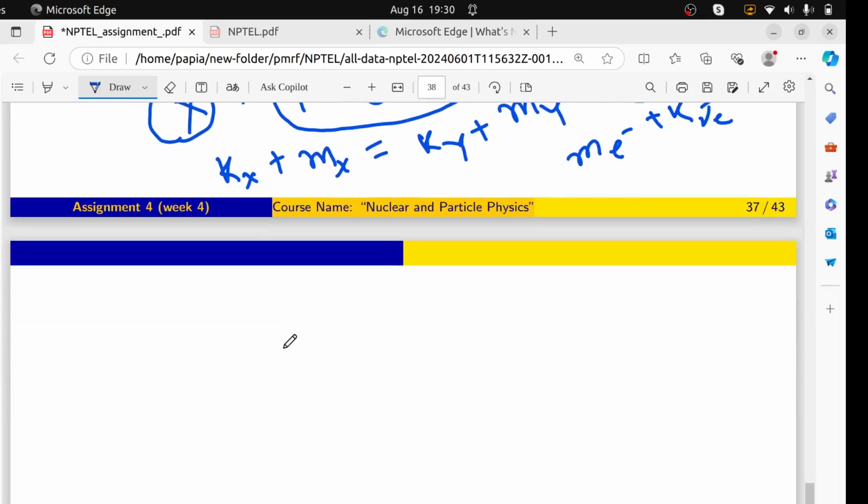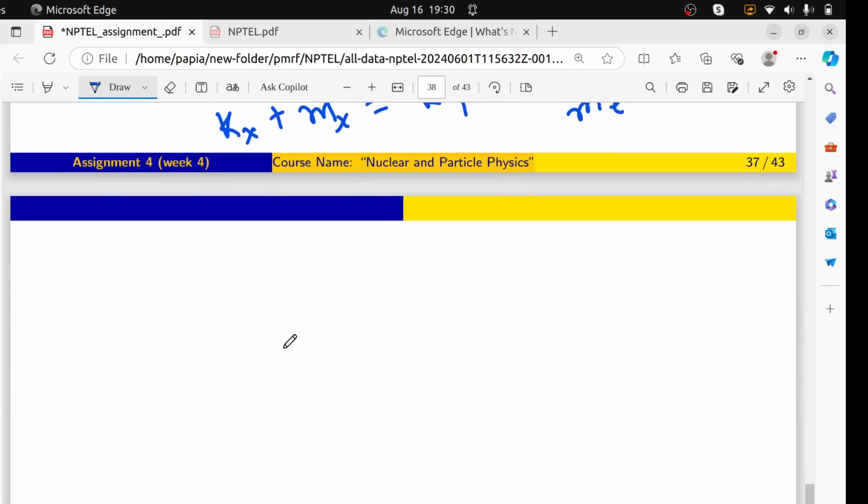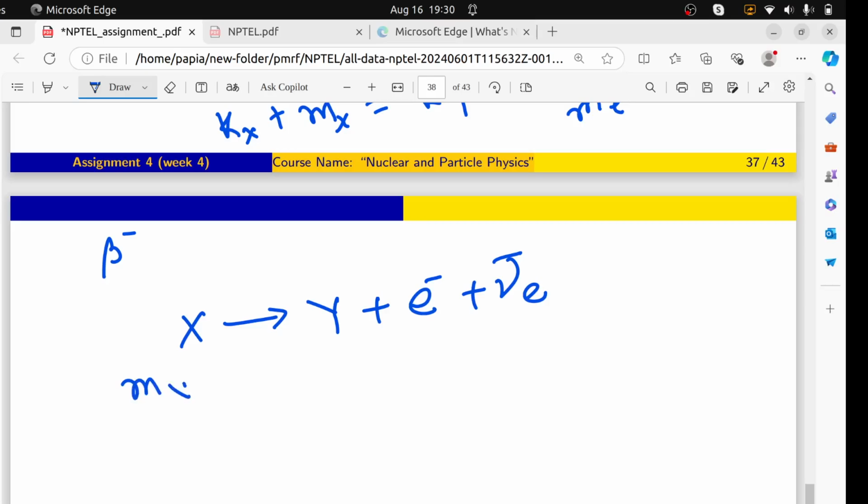Is it correct or not? Let me see. Let's say X particle undergoes beta minus. So X is going to Y plus electron plus nu E bar. That means Mx should be greater than My.